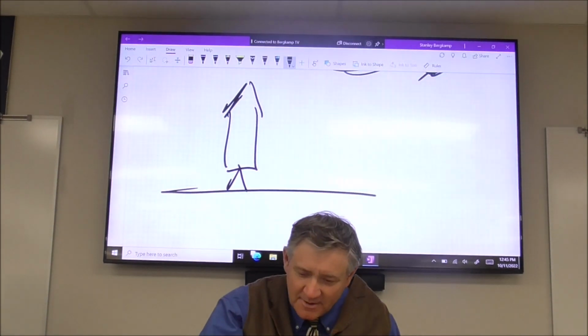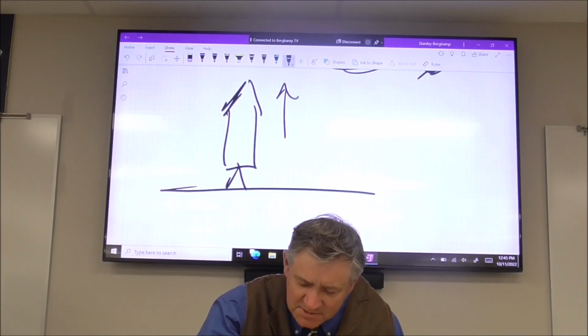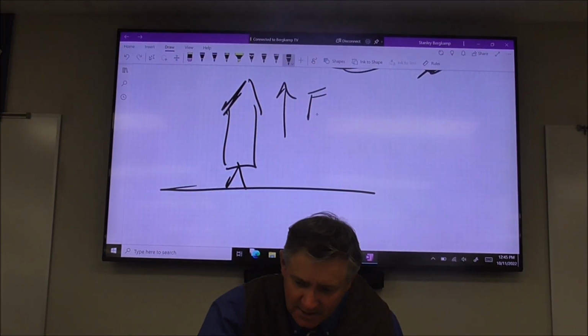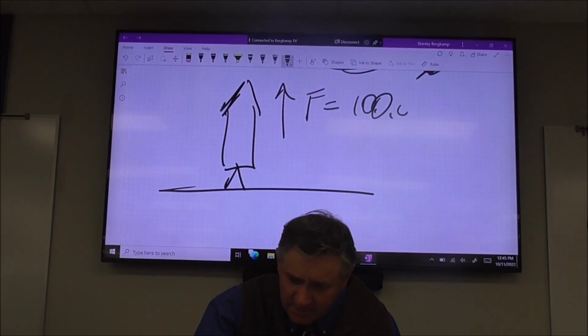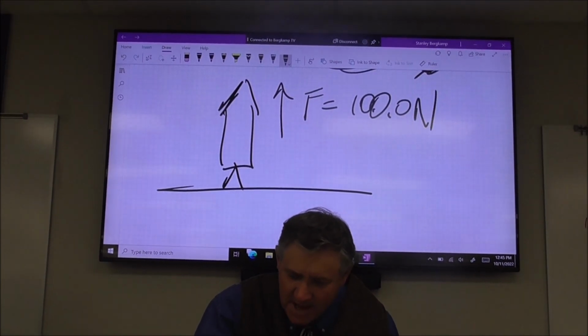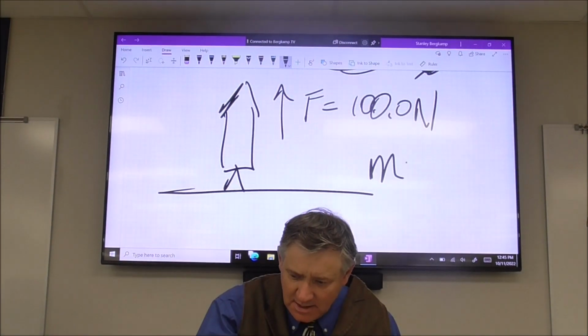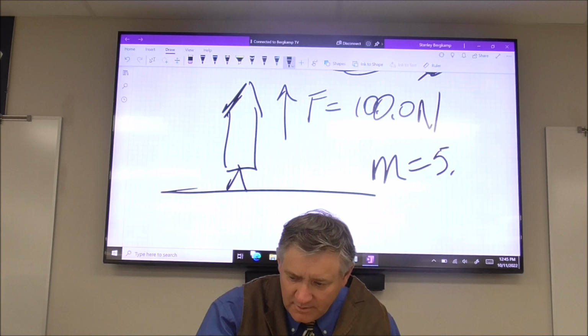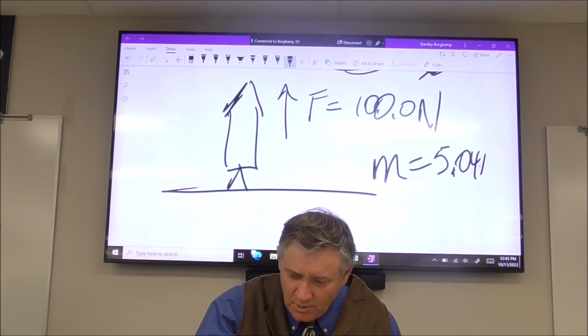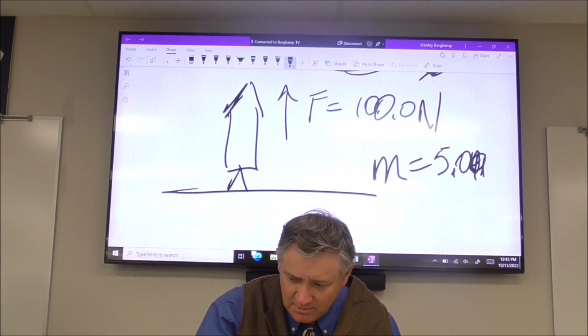Let's say that I give you the force of the rocket is, I don't know, 100 newtons, and the mass of the rocket is 5.0 kilograms.